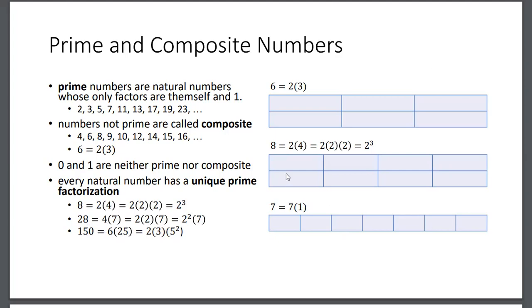Visually, prime numbers are one-dimensional and composite numbers are two-dimensional because they involve 2 or more. I should say, instead of two-dimensional, they're multi-dimensional. They have 2 or more factors. 6 is 2 times 3.